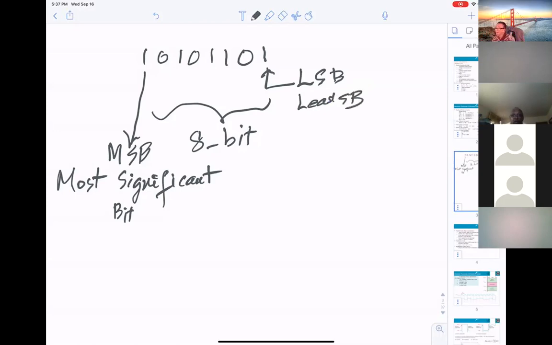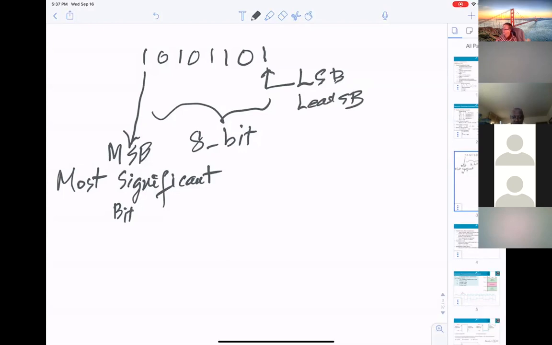That's just by definition. They can be 8 bit, 16 bit, any bit. However, the leftmost will be MSB, the rightmost has to be LSB. Just the name.